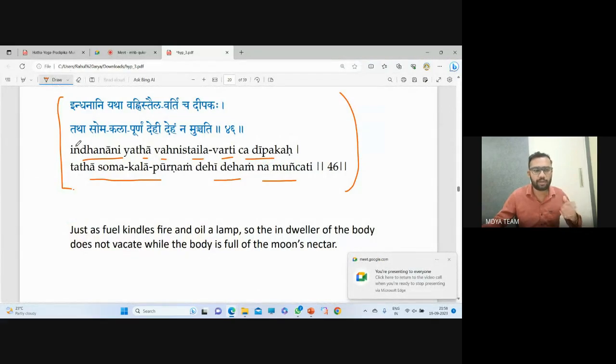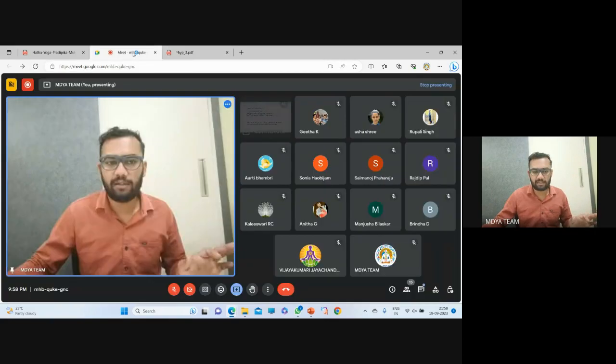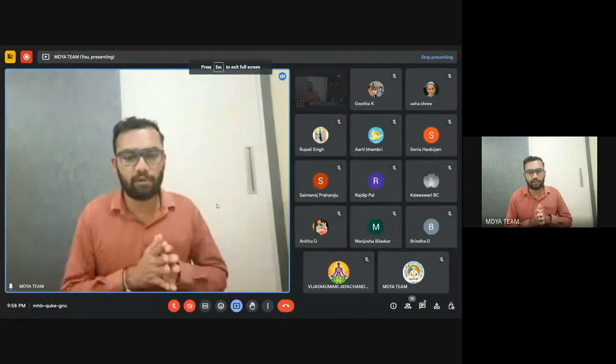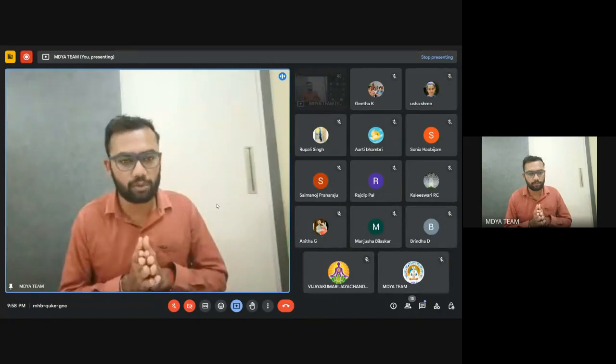Now this sloka is for the importance of the nectar. Two examples he is giving. First is Indhanani Yatha Vahne. Indhan means fuel, vahne means fire. You can understand by the example of our vehicle also.